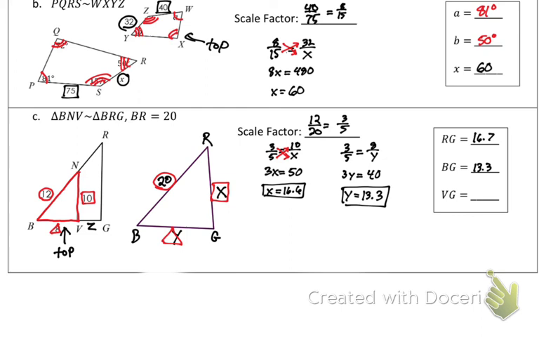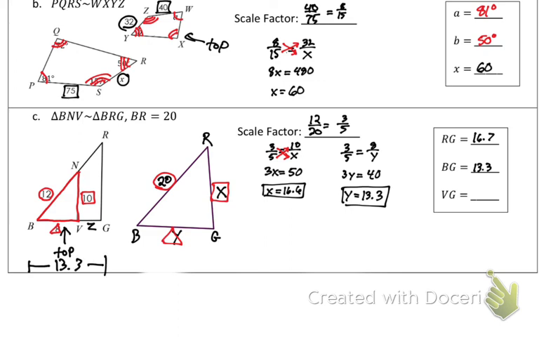Now we have 2 minutes to figure out how we're supposed to get z. Elio, how'd you get that? Because we know the full length, this whole length here is 13.3.